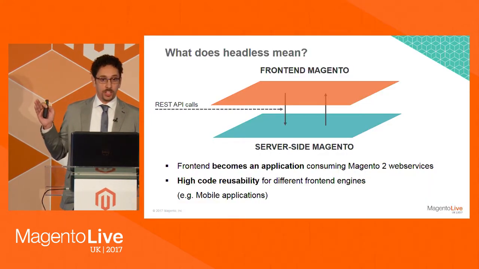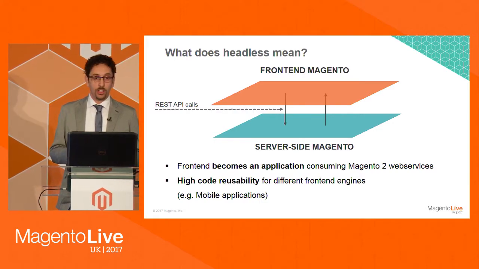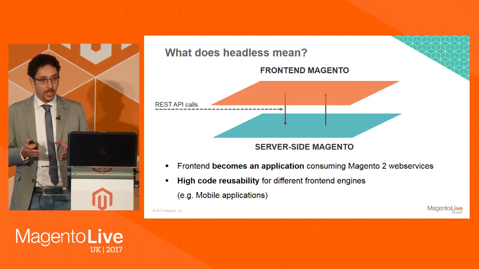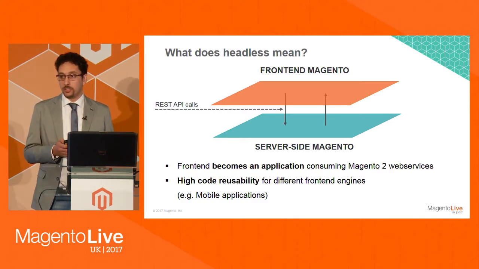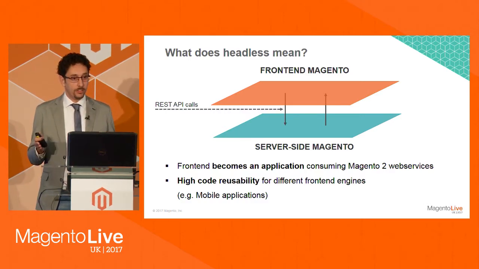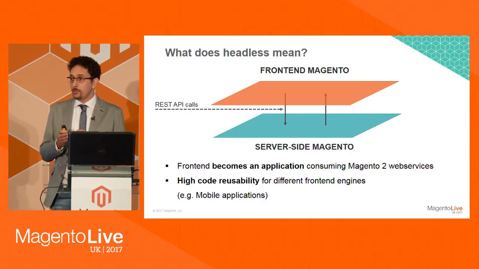To decouple front end from back end. So the front end becomes an application consuming back-end REST API services. They are just different. This front end can even be a separate one, not Magento 1 or 2, anything. This is the power of Magento. You can modify everything inside Magento, but you can even integrate something to work with Magento.